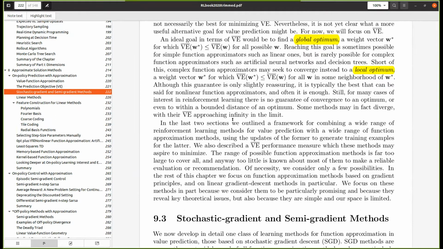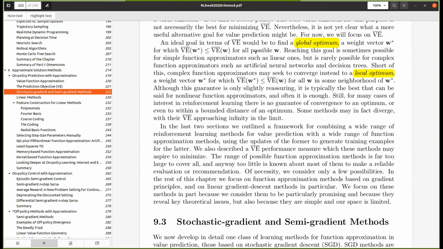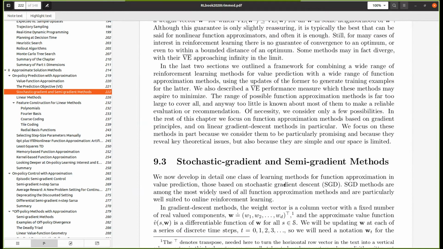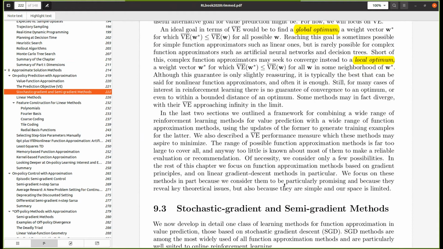Also, we generally do not converge exactly to the optimum, but rather to a point which is close enough to the global or local optimum. Yeah, so that is our problem setting.